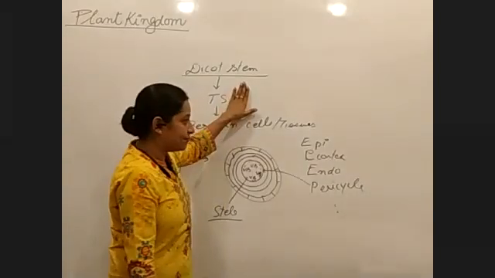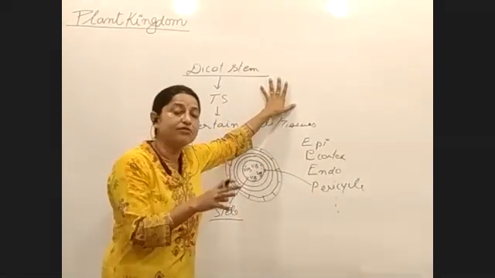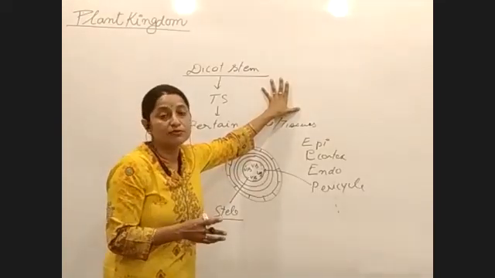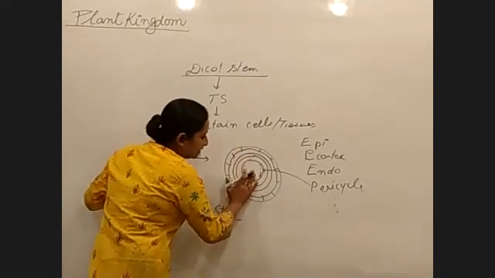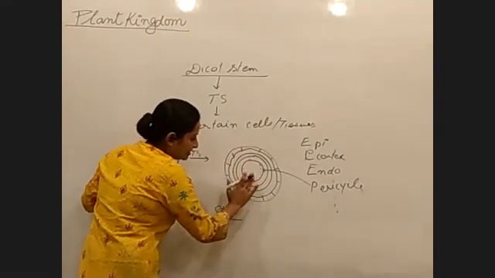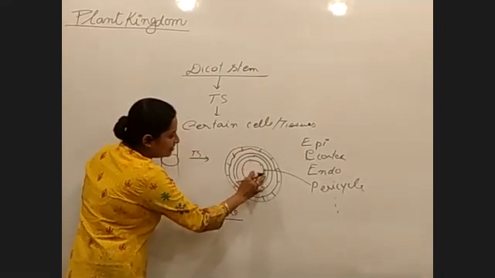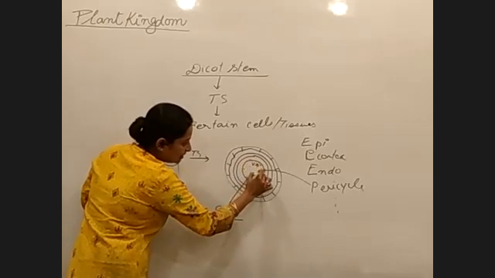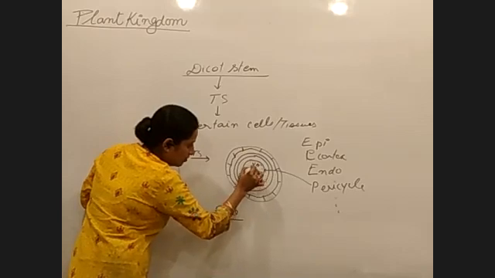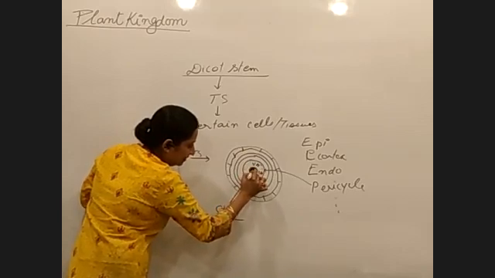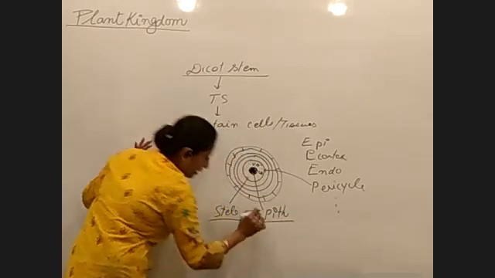Now in the case of a dicot stem, we will see this kind of structure in pteridophytes, in gymnosperms, and also in angiosperms. But if you are talking about the dicot stem or dicot root, in the central mass, no doubt the vascular bundles will be there, and in addition there will be a mass of parenchymatous tissues. This mass of parenchymatous tissues is called pith.